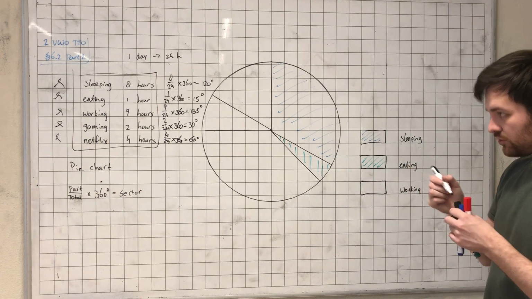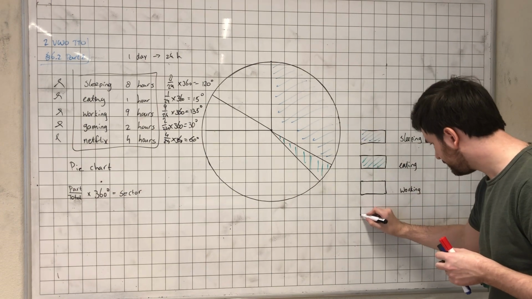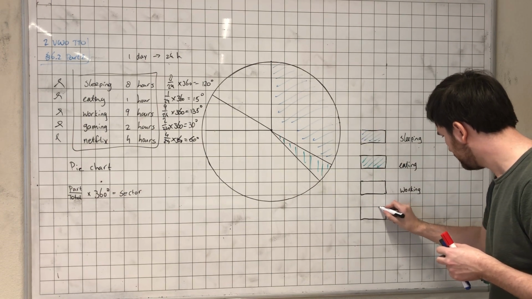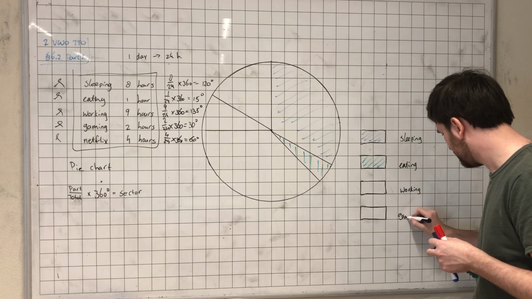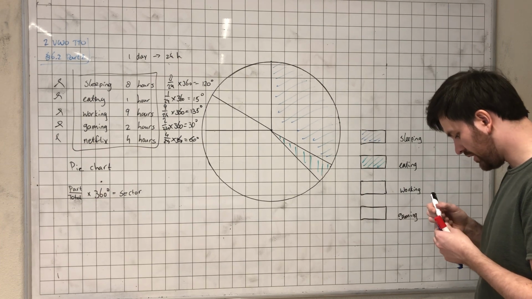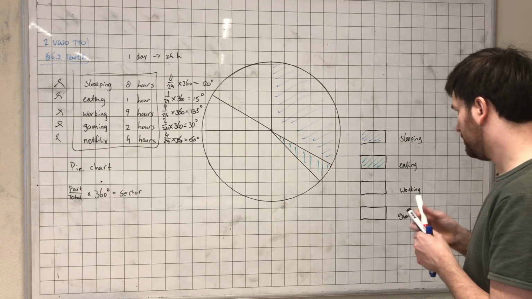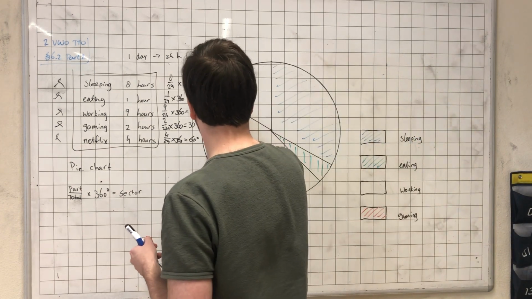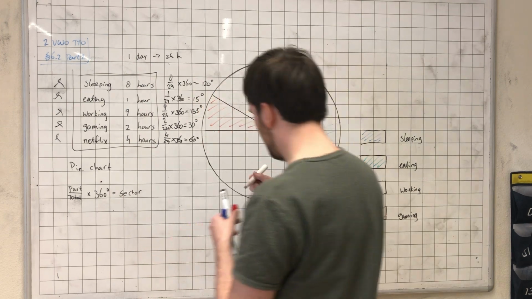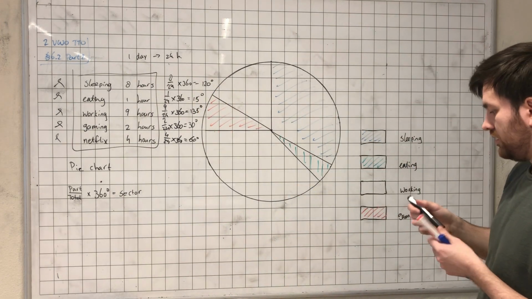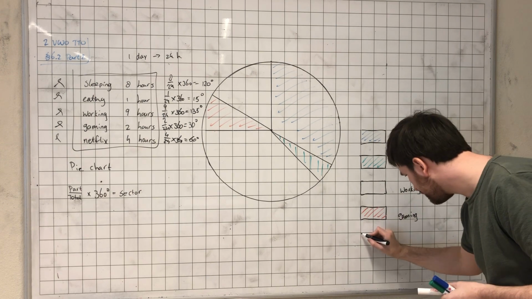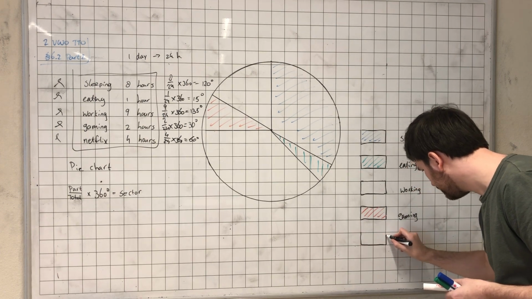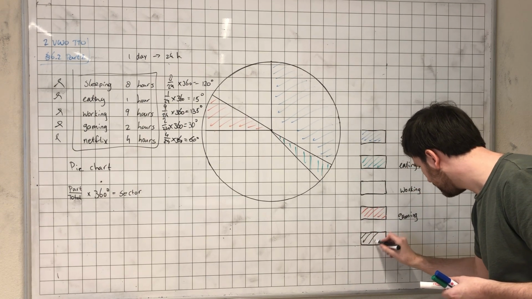Okay. The next one, gaming. Let's choose red. And last but not least, Netflix. Let's use black for Netflix.